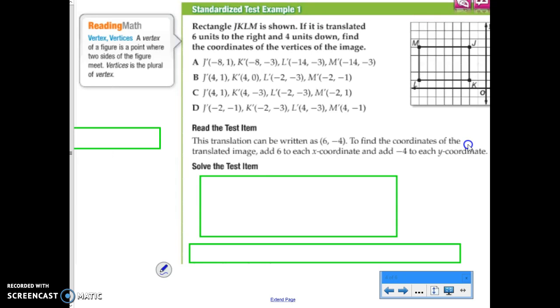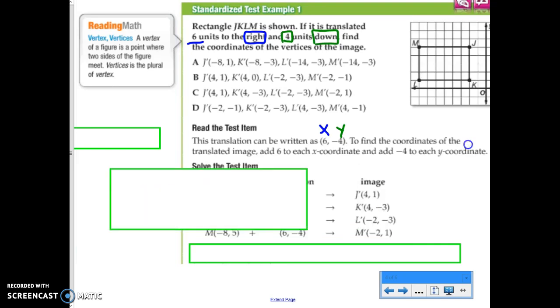So remember, they asked us to move 6 units to the right. So we're moving 6 to the right, which corresponds, left and right corresponds to your x-axis. And then moving 4 units down, up or down corresponds, remember again, to the y-axis. And because we're moving down, we know that has to be negative, okay?